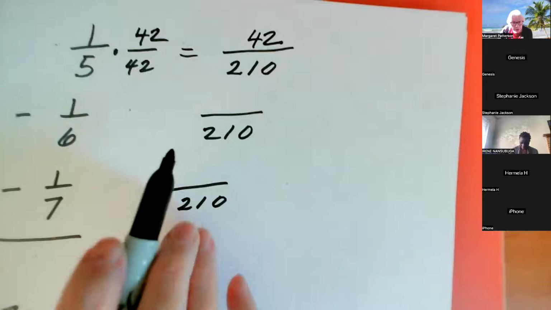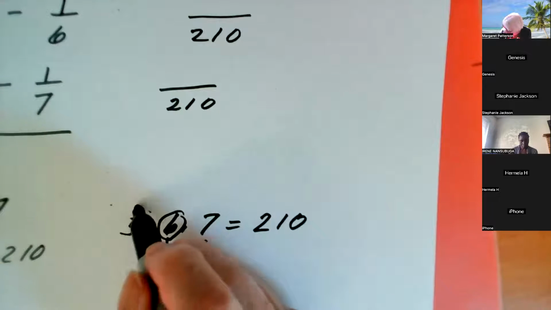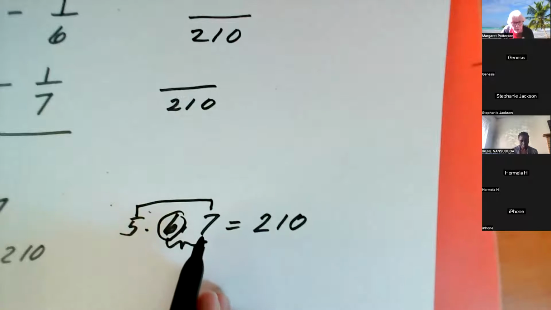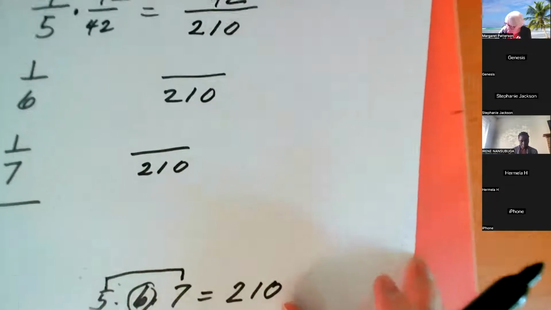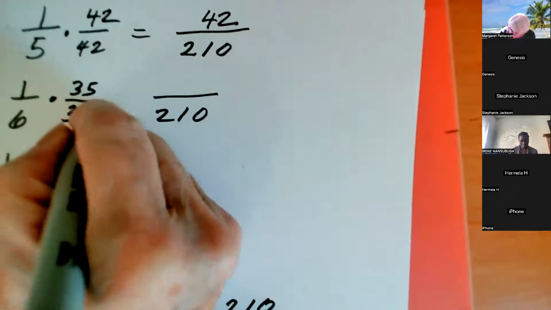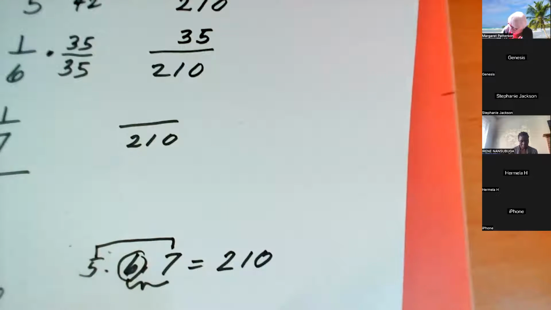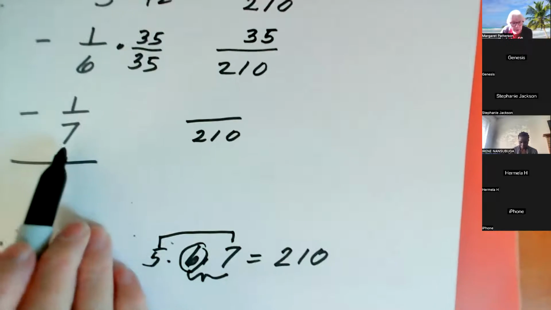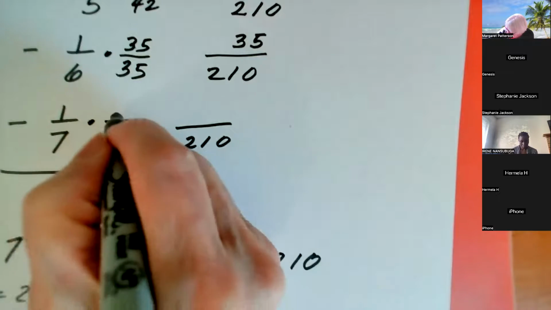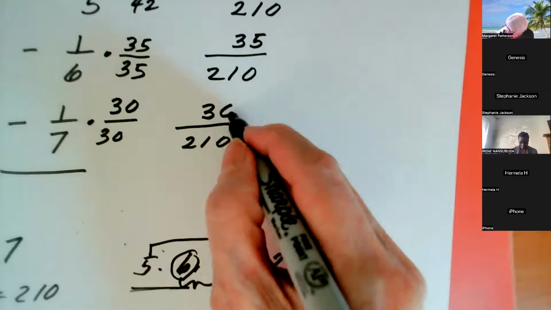This one is 6, needs to go into 210. And so if we already have 6, the multiplier is 5 times 7, 35. Do not panic. I'm not going to put this on the test. But this is 35. And then finally, the last one is 7. The missing factor is 30. So this is 1 times 30 is 30.